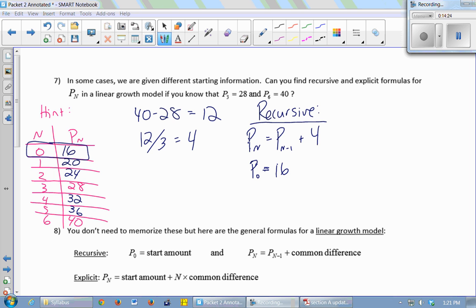Good. And then for explicit, P sub n equals what? 16 is our starting amount. Start with 16, and then you add 4 every year for n years. Very good.